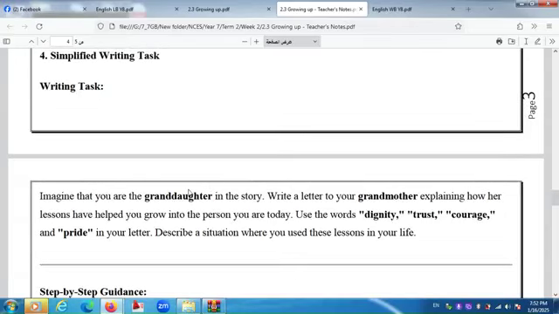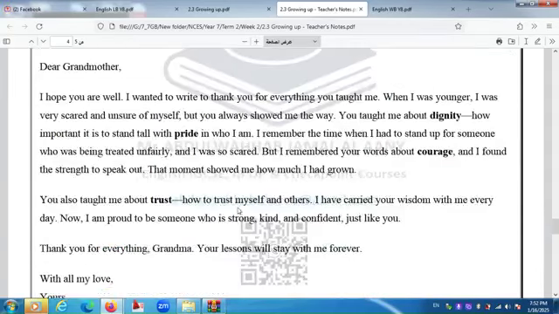Boys and girls, dear students, I'm simply asking you to rewrite extract 5 and extract 4. Rewrite these two extracts in the shape of a letter, and use the keywords which we learned today in our session. I have a sample of my writing.